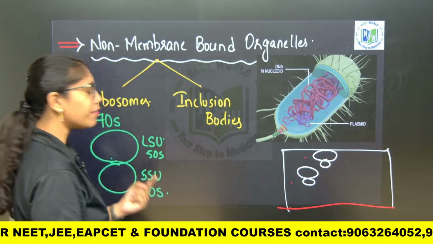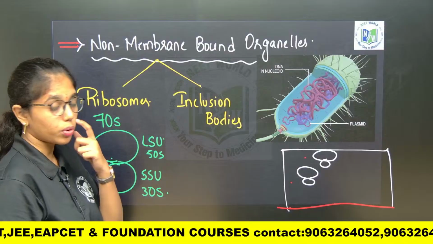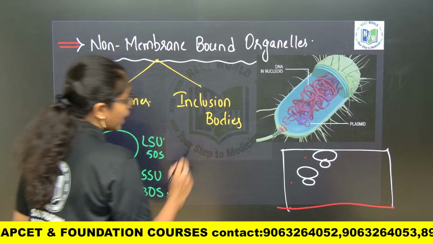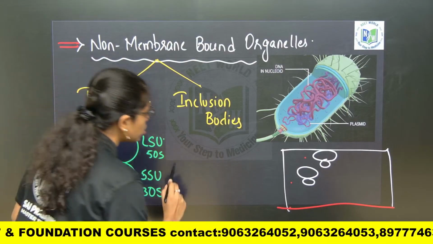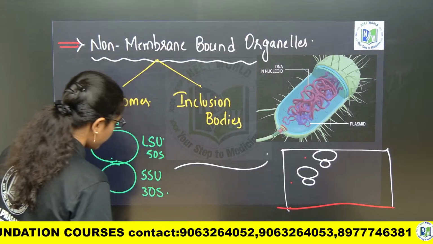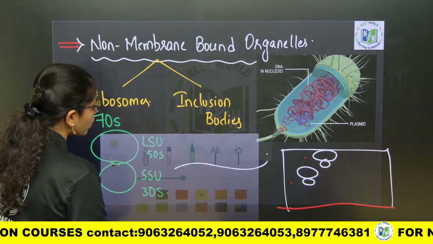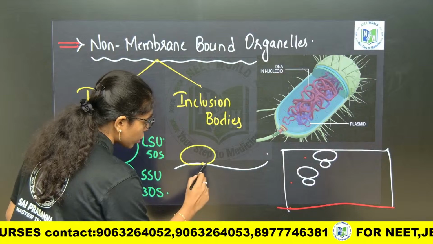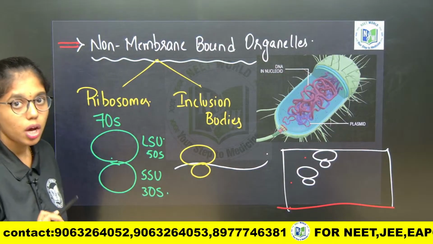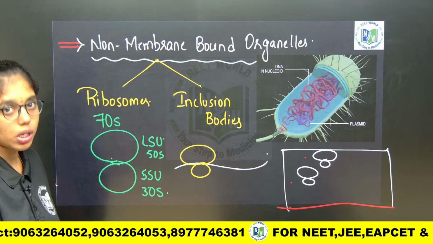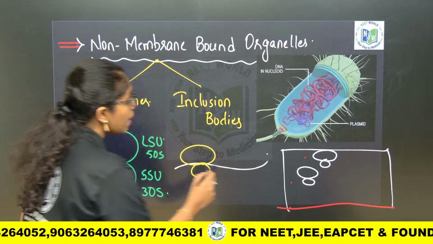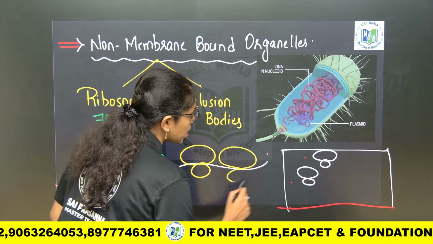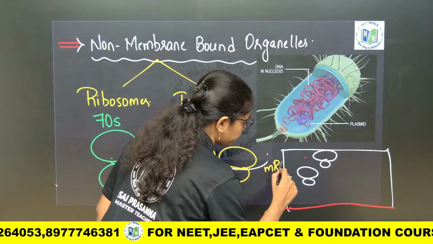One more specific feature about ribosomes that I have to highlight here: at the time of protein synthesis, ribosomes are present over the mRNA. In eukaryotic mRNA, a single ribosome is present, called a monosome. But in a prokaryotic cell, many ribosomes are present over the mRNA.